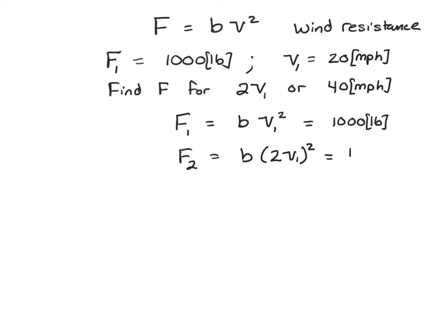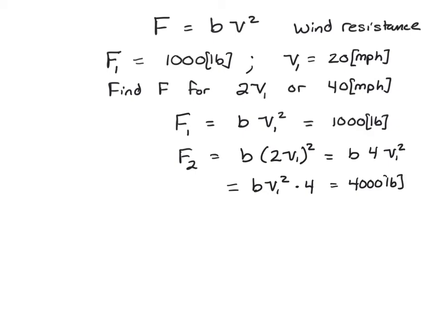That's the same thing as B times 4 V1 squared, since I have to square the 2. And if I write that out, I see that's nothing more than B times V1 squared times 4. And that's going to be 4,000 pounds.